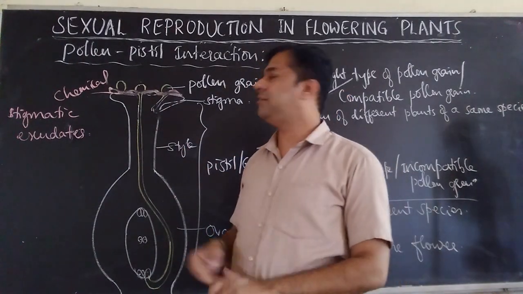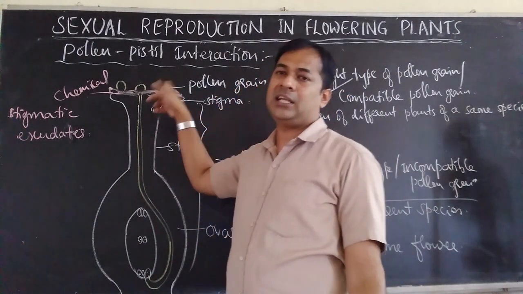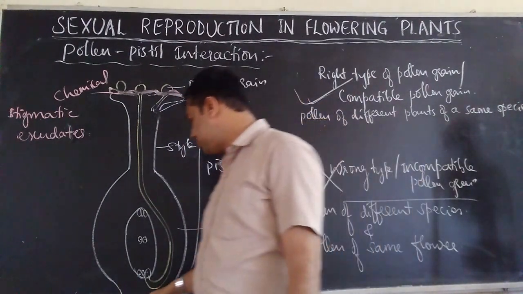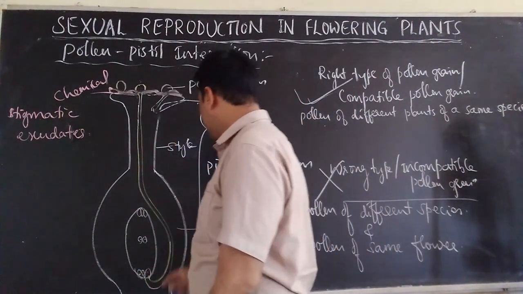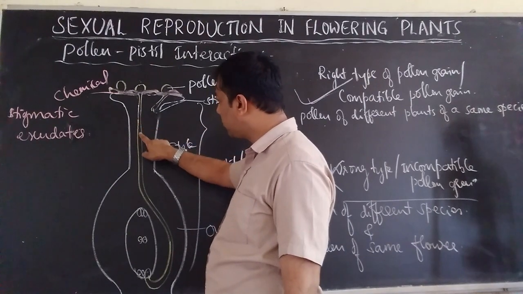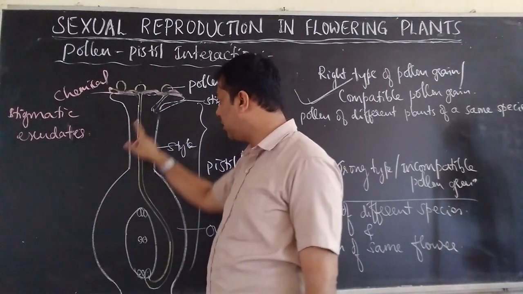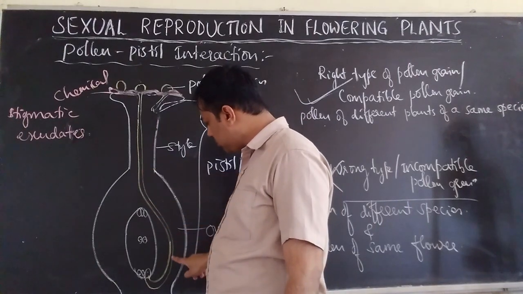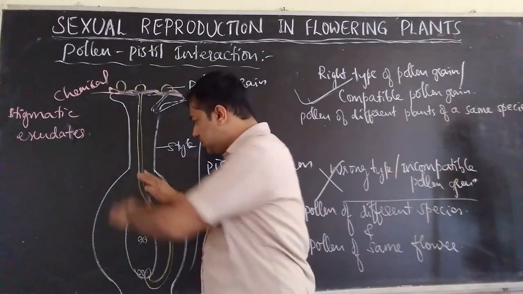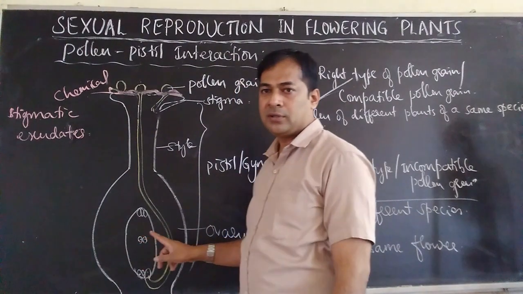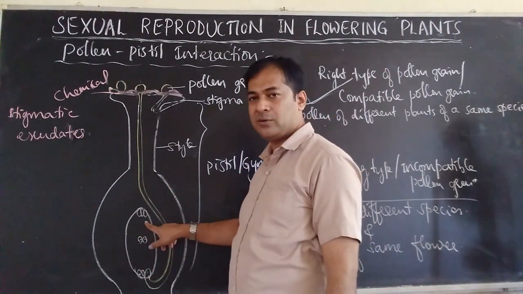Once the stigma identifies it is the right type of pollen grain, then it will support the pollen grain. Then the pollen grain will produce a pollen tube, and the pollen tube starts growing in the style. It becomes longer, elongates, slowly comes downwards and enters the ovary. The ovary contains the ovule, and inside the ovule there is the embryo sac.